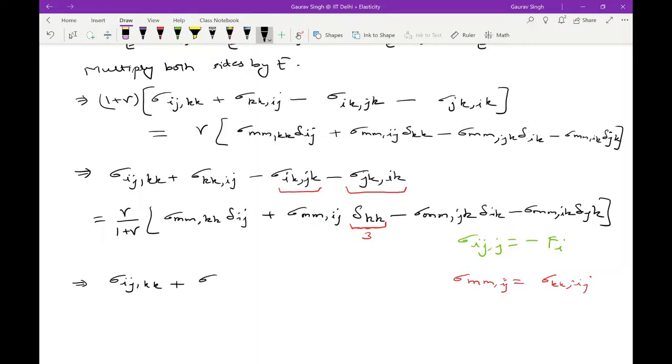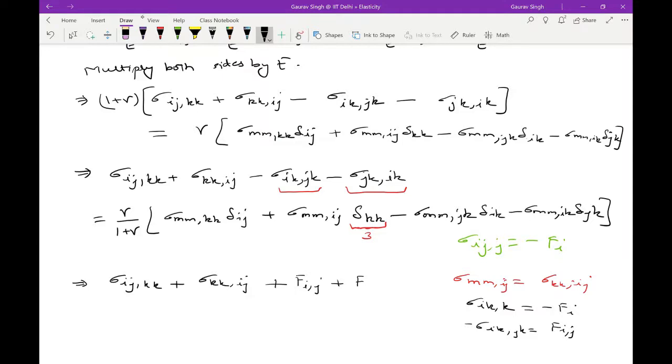So sigma kk comma ij minus sigma ik comma k is equal to minus of fi, and minus of sigma ik comma jk is equal to fi comma j. This would be fi comma j.